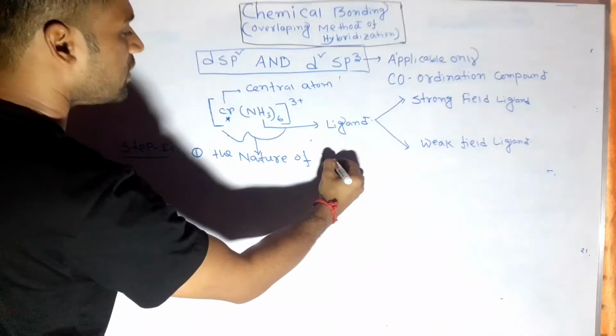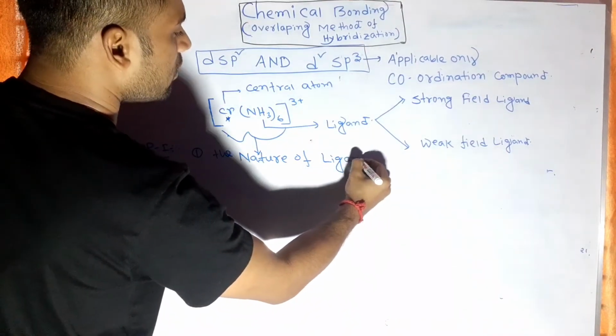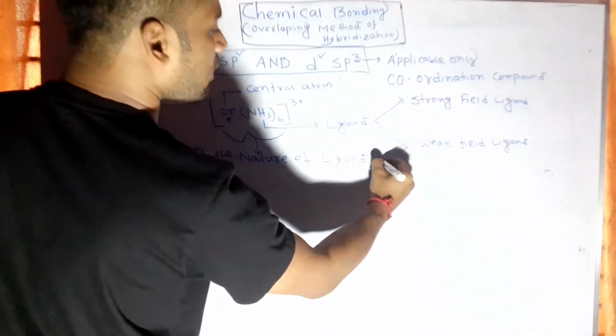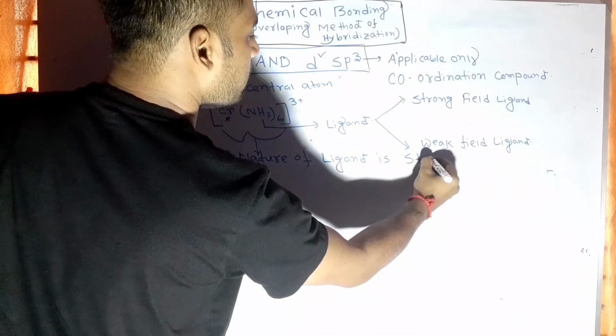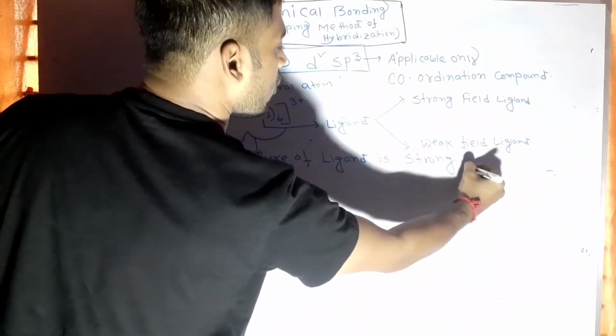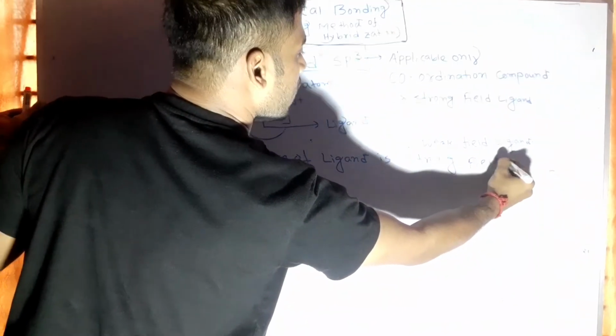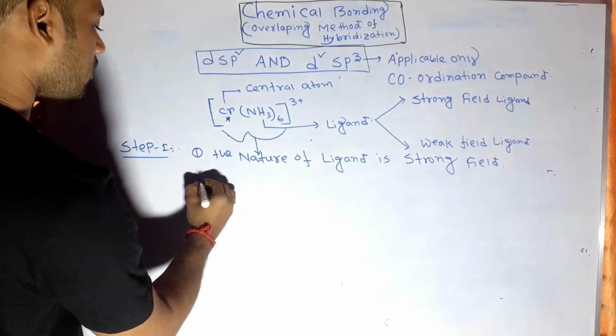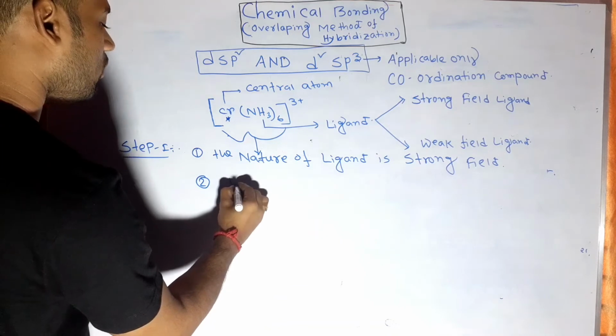Which ligand is present inside the first bracket? Ligand always occupies the place inside the first bracket. The nature of the ligand is strong field.